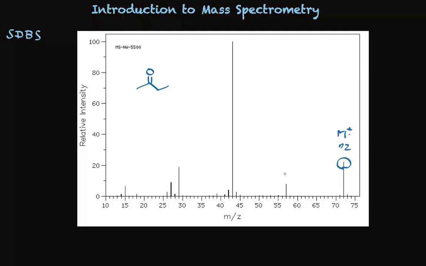So this is 57. This is the base peak. It is 43. Other peaks are much smaller, but notice there's a 29. That's pretty easy to pick out.